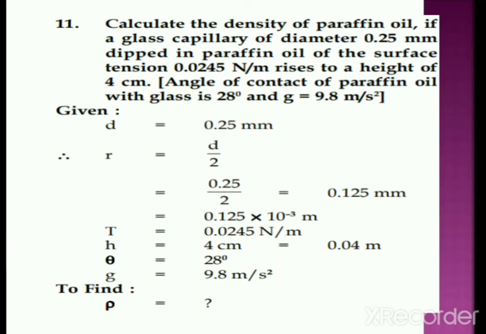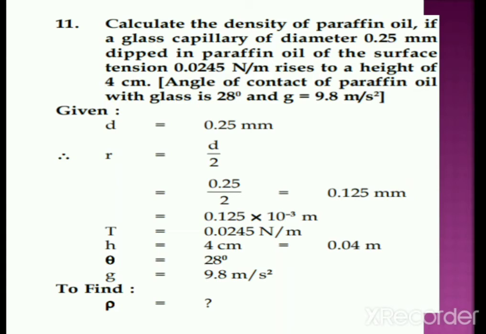Here we have to find the density of paraffin oil, and diameter of that capillary is given, D is equal to 0.25 mm. Therefore radius becomes 0.25 divided by 2, which is equal to 0.125 mm. Convert it in meter. So 0.125 into 10 raised to minus 3 meter.